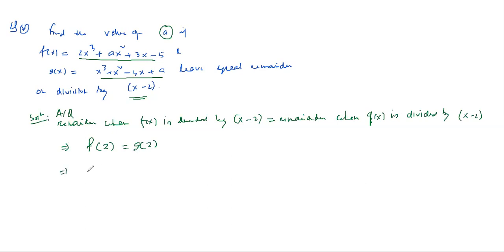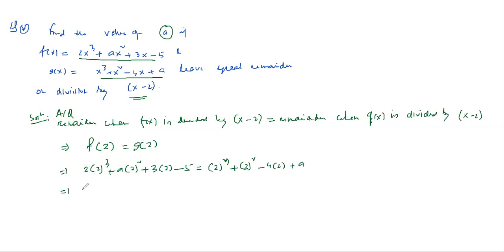Now f of 2 is 2 into 2 cube plus a into 2 square, then 3 into 2 minus 5, and the right side will be 2 cube, and then 2 square, minus 4 into 2, and then plus a.